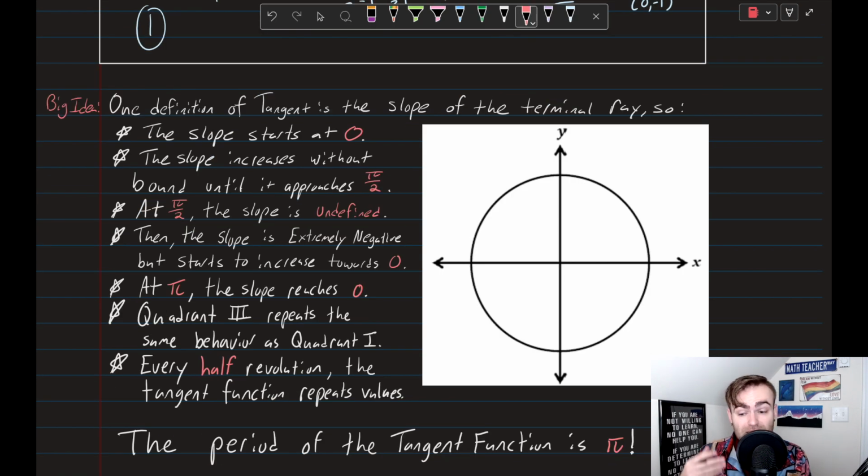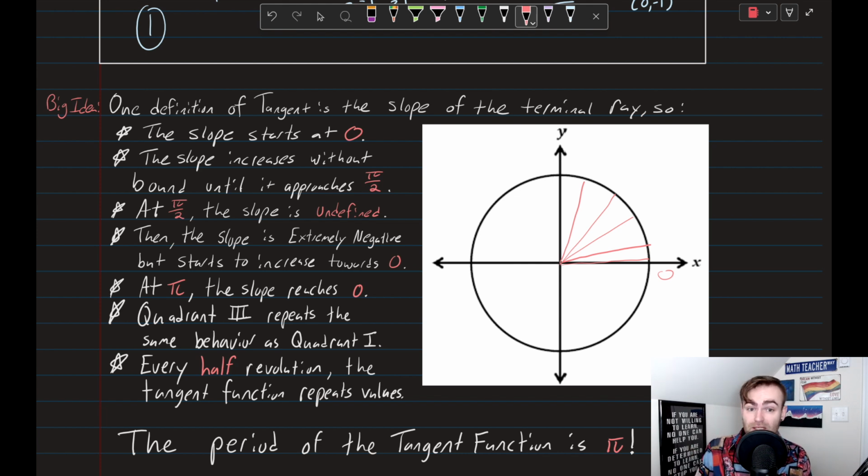In precalculus, we think more about a function's behavior. If I think of tangent as the slope of these standard position angles, I can get a better idea of what's going on here. I know that this slope is going to start off at 0 when we have an angle of 0. And then it's going to slowly increase. You can see it's getting steeper and steeper and steeper. In fact, it's going to get steeper without bound.